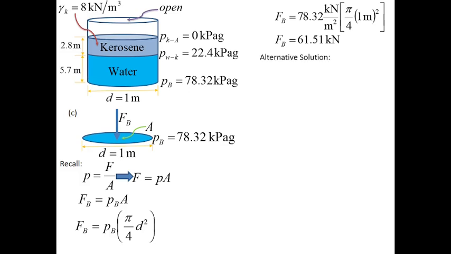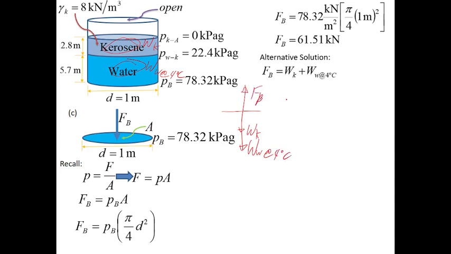But there's an alternative solution to that. We consider kerosene and water: the weight of kerosene and the weight of water at 4 degrees Celsius. If we add the two, that corresponds to F_B, the force at the bottom of the tank.